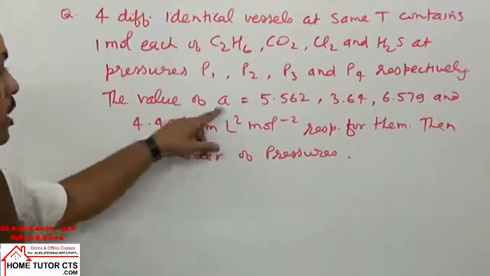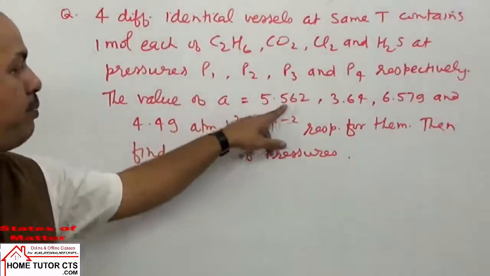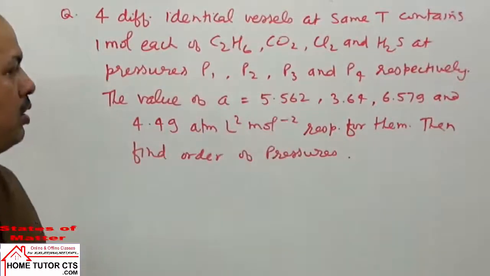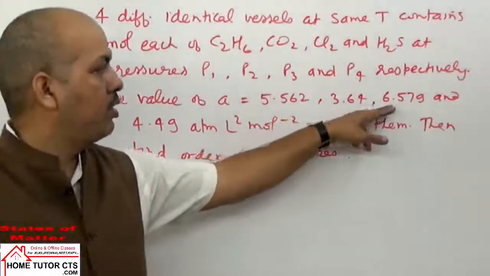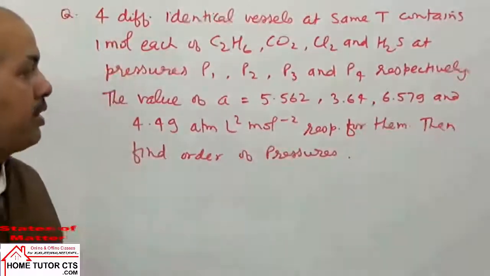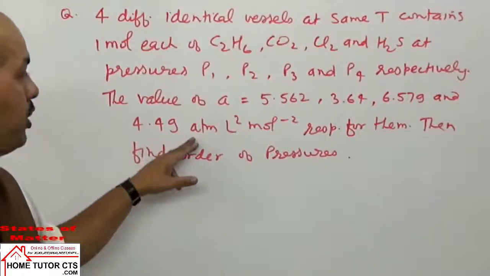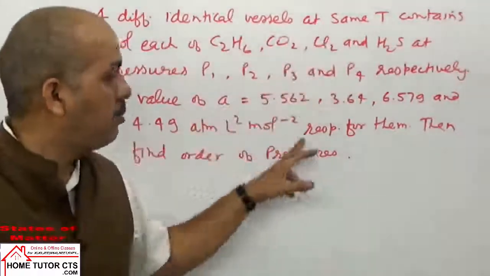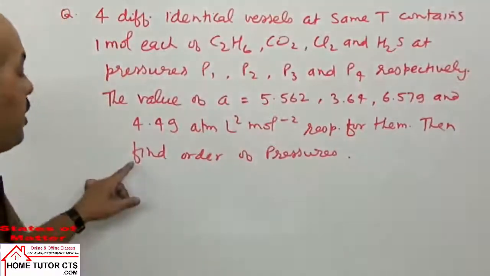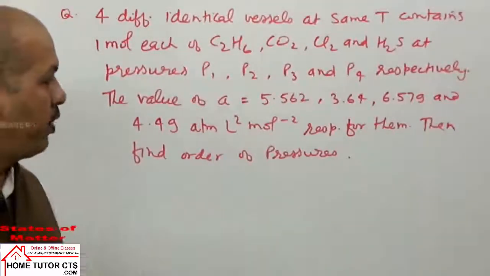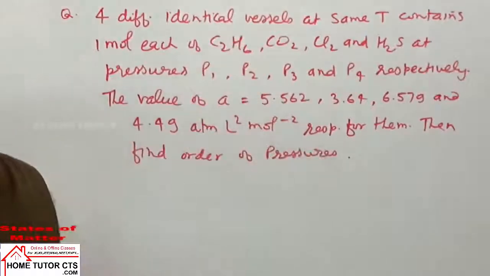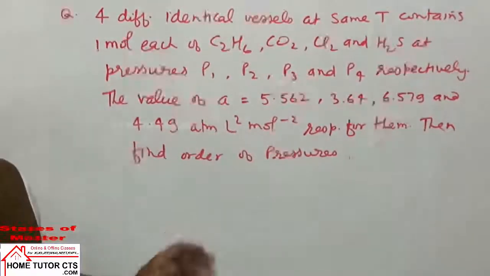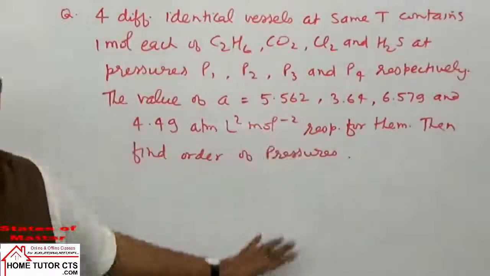The value of van der Waals constant A is 5.562, 3.64, 6.579 and 4.49 atmosphere liter square per mole square for these gases in the same order. Then find the order of pressures of the gases. Now you try this question yourself.